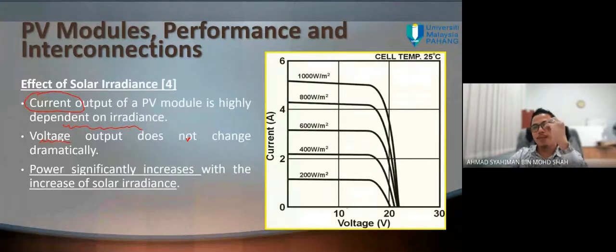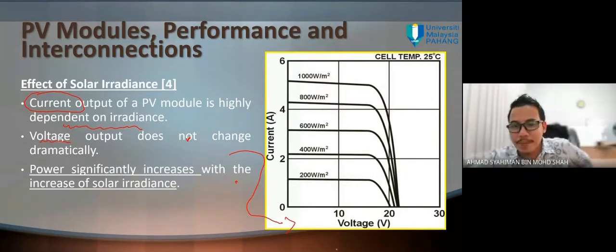Voltage does not change that significantly due to the change of solar irradiance. So you can still get the higher voltage, but it doesn't mean you get the higher current, because the current totally depends on the irradiance. If you look at this figure, yang saya cedok dari mana, saya tak tahu, modul apa bila dia measure, kita tak tahu. But that's not important. The important thing is what I want to show you.